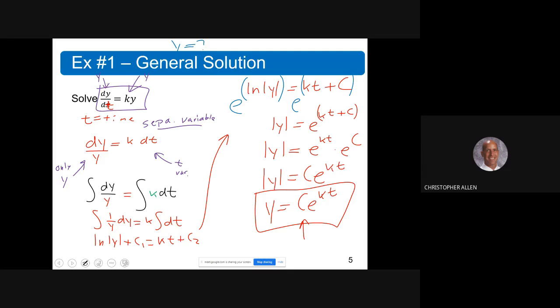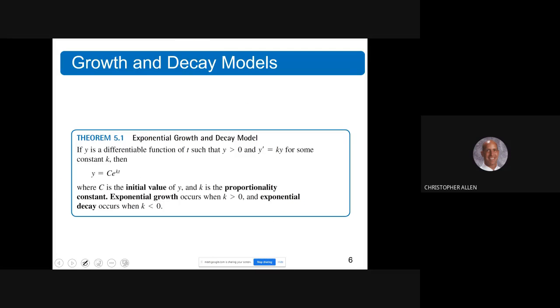Yeah, I just used the calculus word there. So here's the important slide right here. Theorem 5.1, exponential growth and decay model. If y is a differentiable function of t such that y is greater than 0 and y prime is equal to ky, by the way, this right here is that dy over dt equals ky. That's that differential equation I just solved.